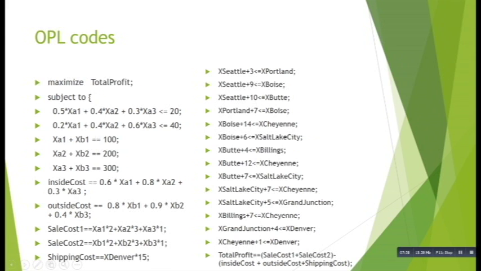I changed a lot of things, but I still keep the values from the original model, and my total profit is the sum of the sales minus the inside and outside cost to make the production, and the shipping cost.